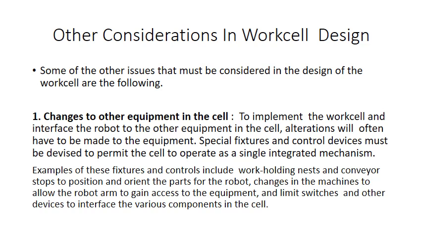Special fixtures and control devices must be devised to permit the cell to operate as a single integrated mechanism. Examples of these fixtures and controls include work holding nests and conveyor stops to position and orient the parts for the robot, changes in the machines to allow the robot arm to gain access to the equipment, and limit switches and other devices to interface the various components in the cell.